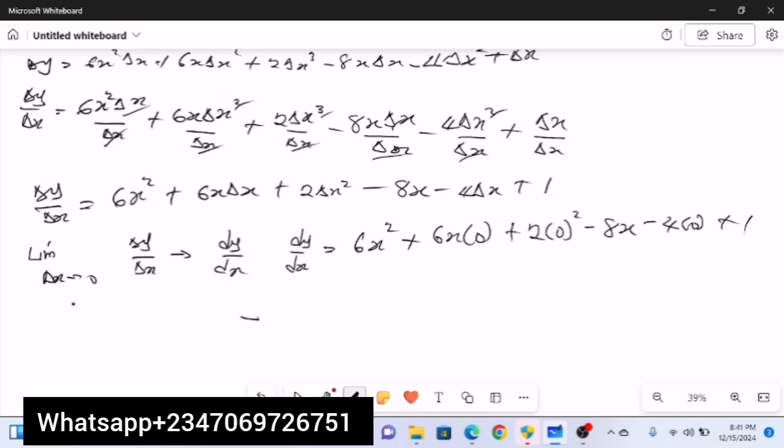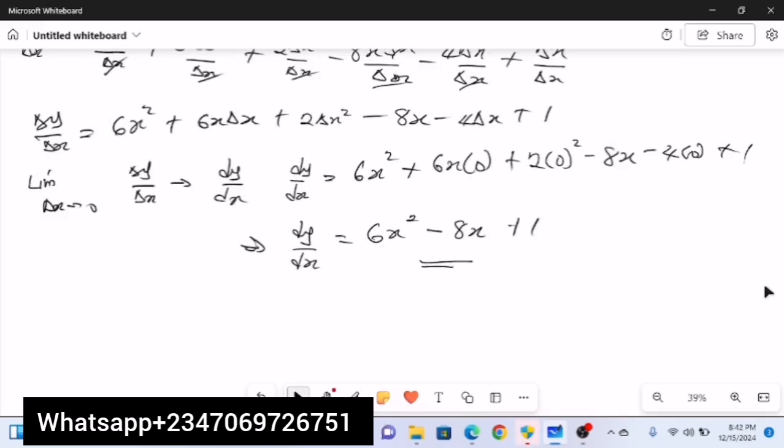So this simply implies that dy all over dx is now going to be, I have 6x squared, 6x times 0 is 0, 2 times 0 also 0, minus 8x, again 4 times 0 is 0, so I'm left with plus 1, and this becomes the answer of that question from first principle.